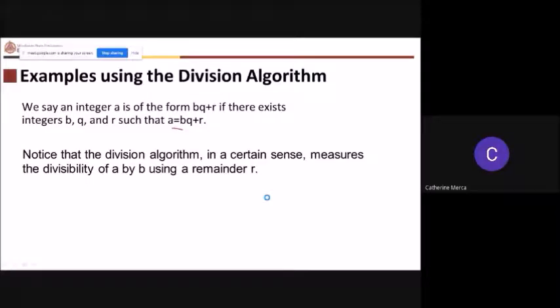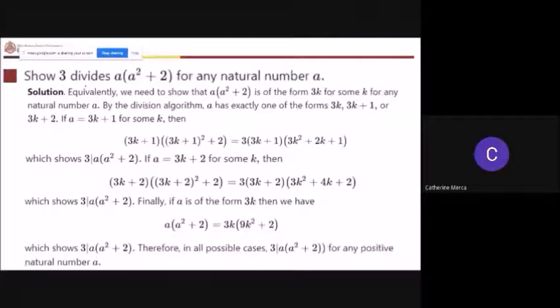Tingnan natin, making use of your division algorithm. You have to show that 3 divides this one. What is divisibility again? You say A divides B. So 3 divides this, mean to say there is a natural number integer such that B is actually equal to a quantity times a factor.